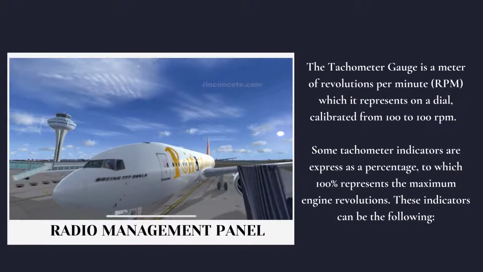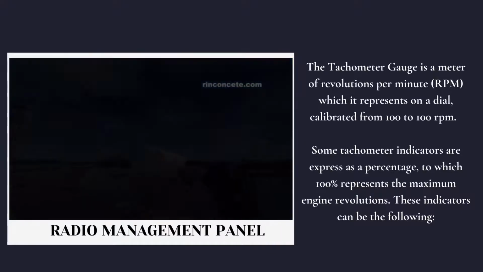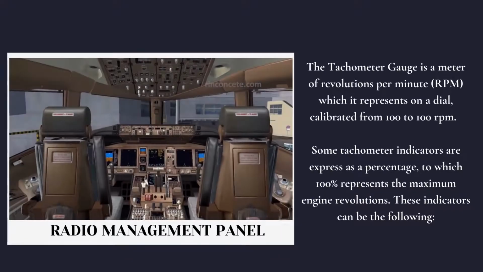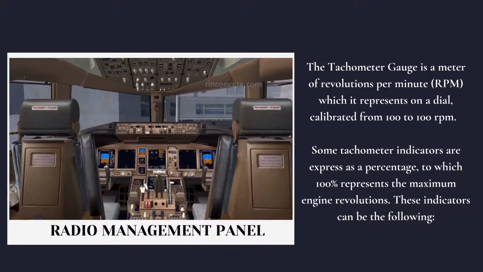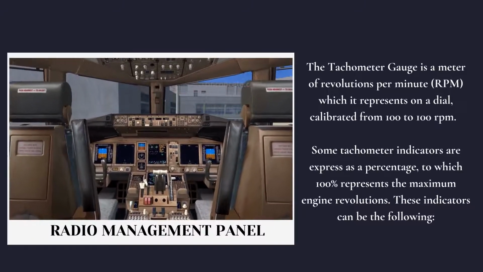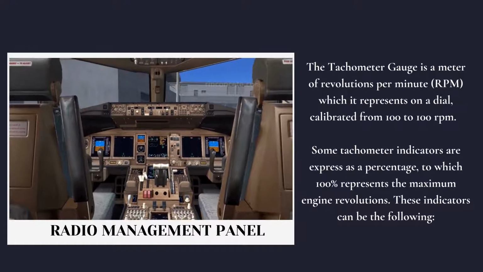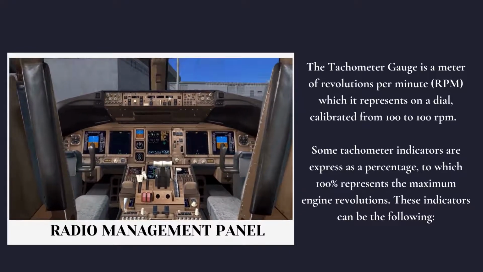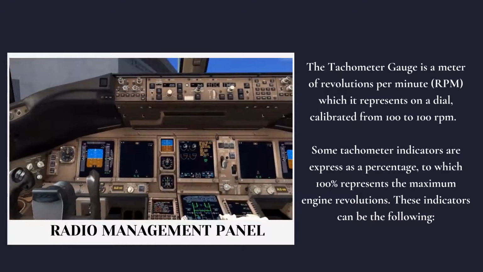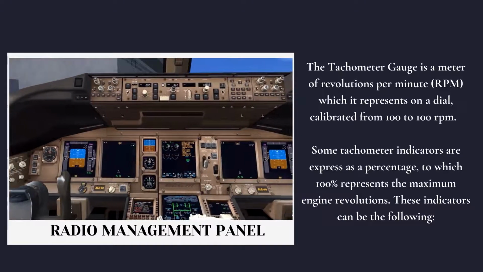Radio Management Panel. The tachometer gauge is a meter of revolution per minute (rpm), which it represents on a dial calibrated from 100 to 100 rpm, with significant marks every 500 rpm. It does not require power from the aircraft.